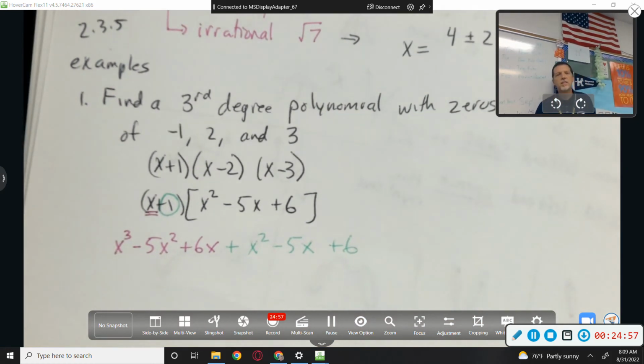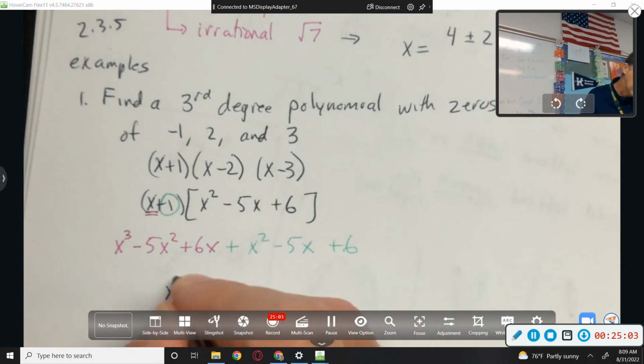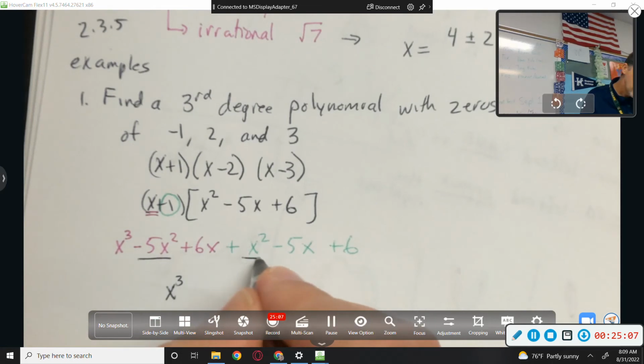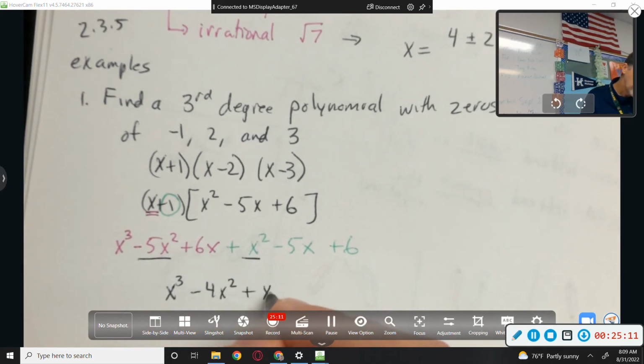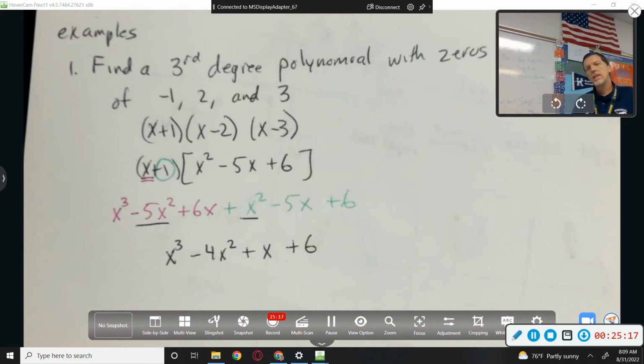And then we look for like terms: x cubed minus 4x squared plus x plus 6. There's still one thing I kind of don't like about that.